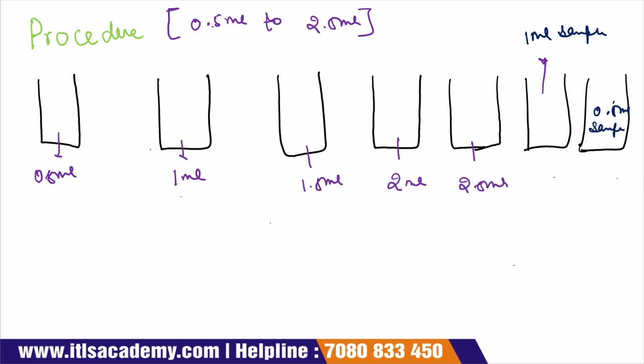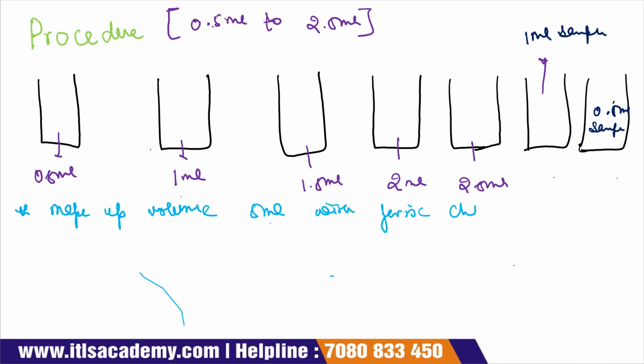Then you have to make up the volume to 5 ml with ferric chloride. It means that in the first test tube you add 4.5 ml ferric chloride, then 4 ml, then 3.5, 3 ml, then 2.5.